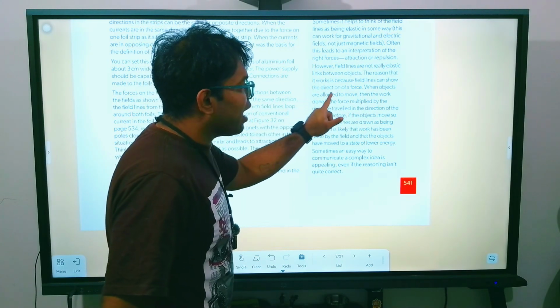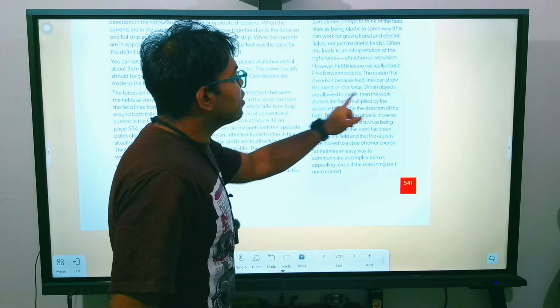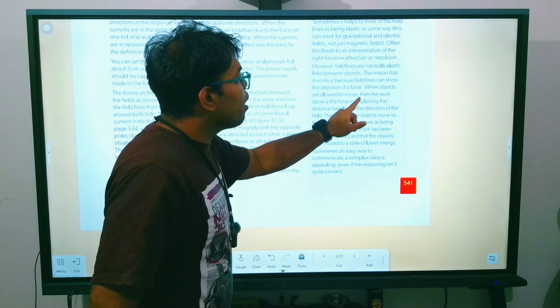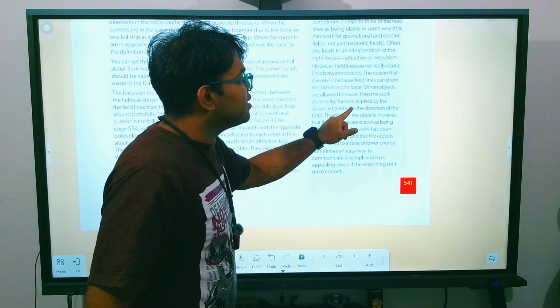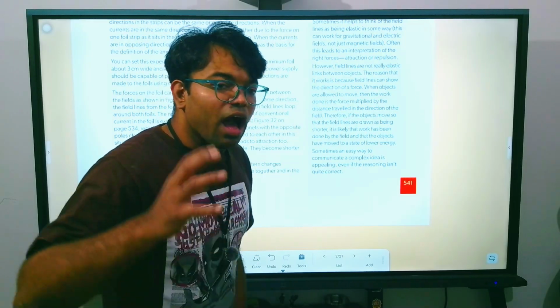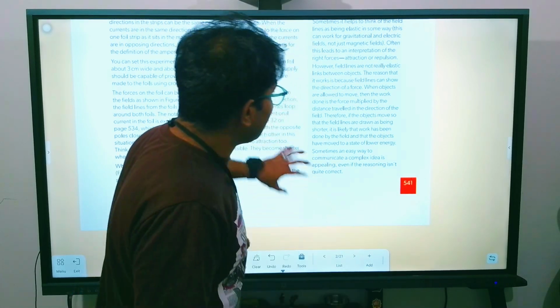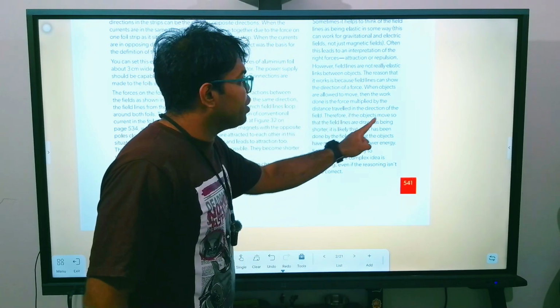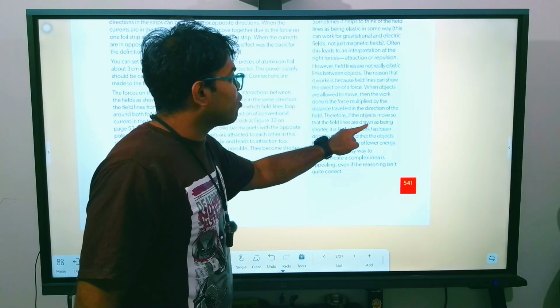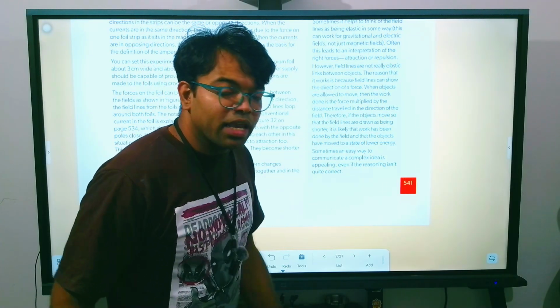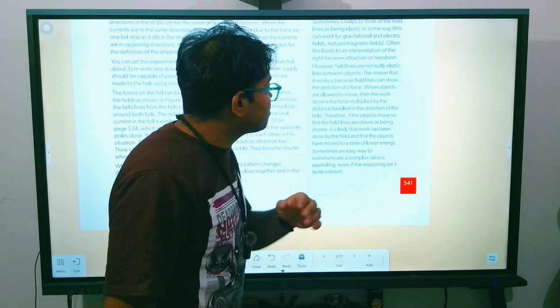Okay, so basically what is happening here, again, look at this. When objects are allowed to move, the work done is the force multiplied by the distance in the direction of the field. We know work done is equal to force times distance. Okay. Now, therefore, if the object moves so that the field lines are drawn as being shorter, the field lines are becoming shorter.